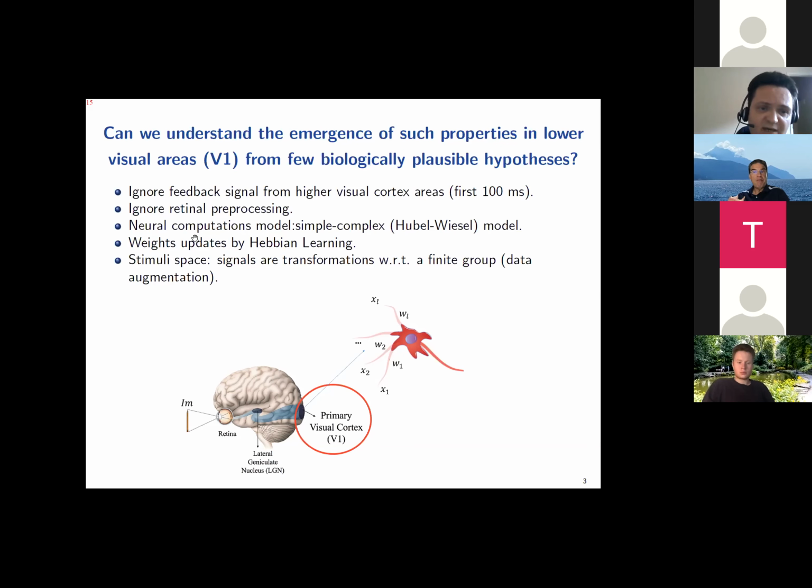And then the main hypothesis here, which actually allows me to build up the mathematics, which I show you how to relax in the paper, is that the signals are transformations with respect to a finite group. So it fits the theme of this workshop. I consider data augmentation, and I consider a bunch of orbits basically.